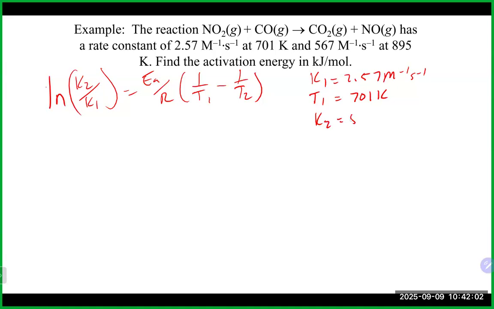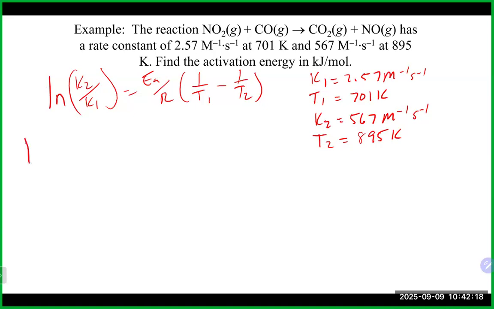K2 here, 567. It really doesn't matter per se which one you call K1 or K2, as long as you keep the temperatures and the Ks that go together kind of together. And R is a constant, so we always have that.